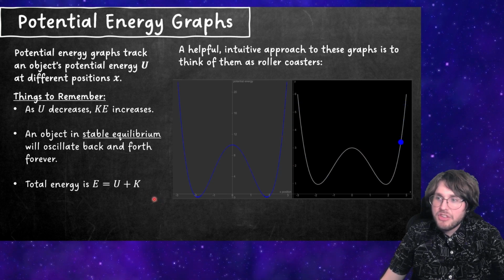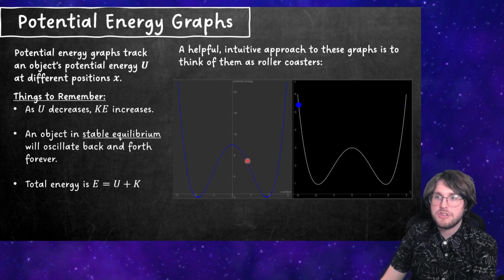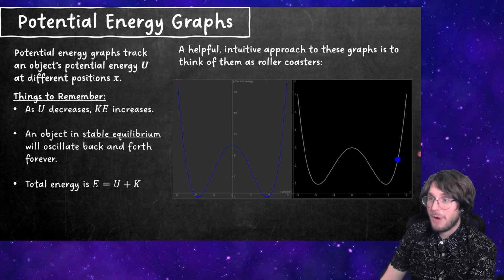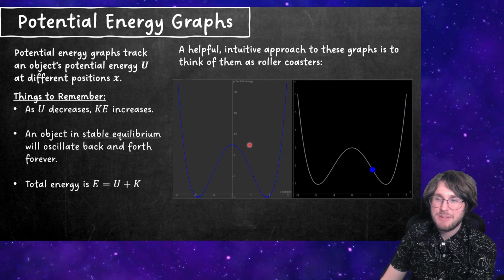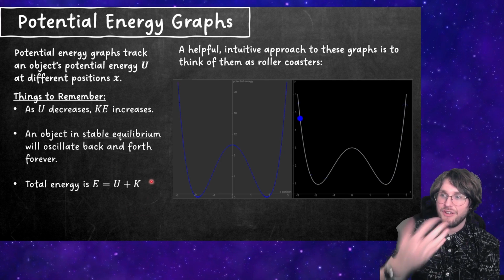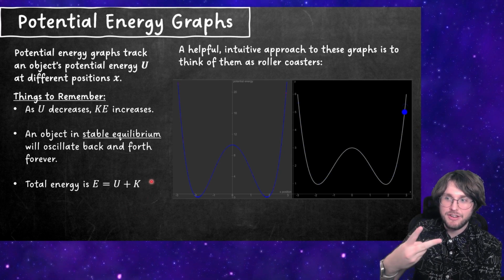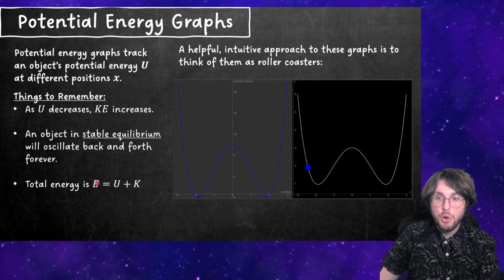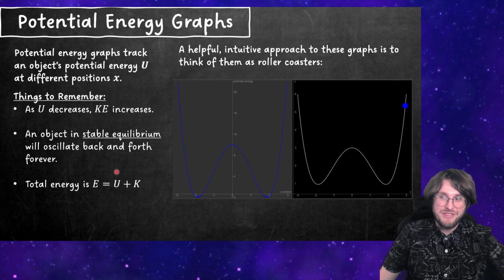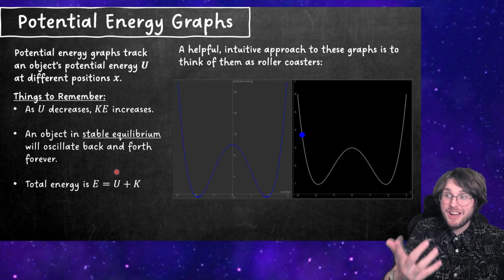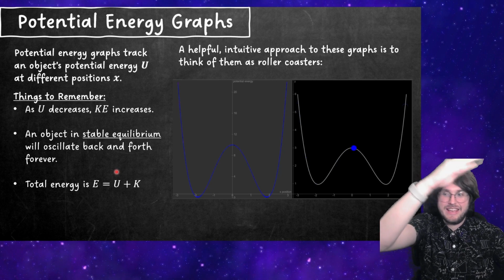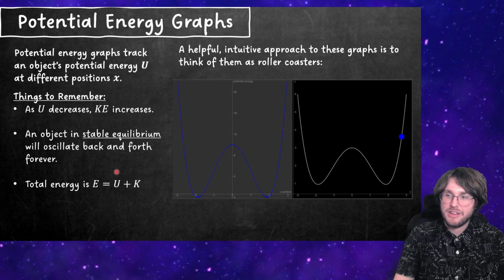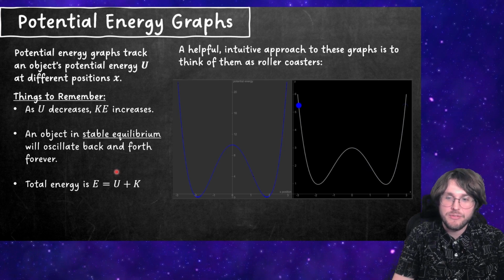The next thing, and sometimes you will see this, is that the total energy that the marble would have at any point along this graph is comprised of some potential and some kinetic, some combination of those two. And that total energy, as we're going to find with conservation soon enough, cannot change. Whatever energy it has, it cannot gain or lose as long as there are no non-conservative forces.